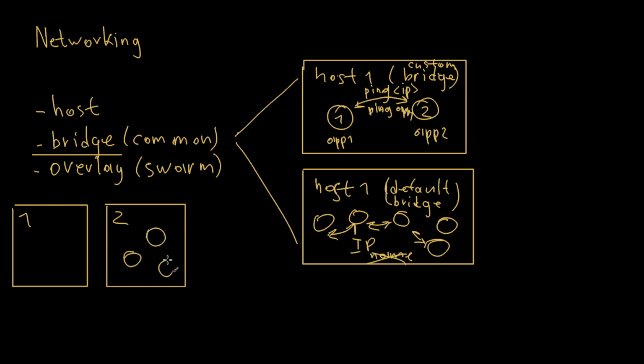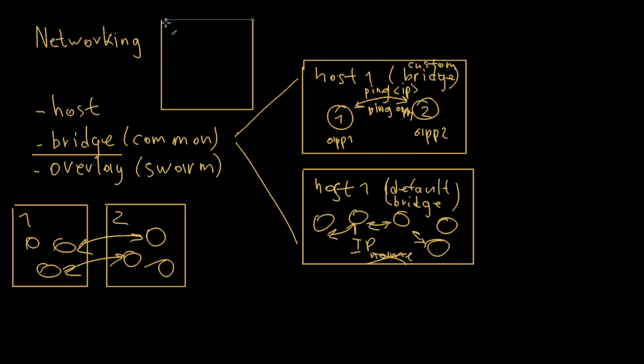You have some containers here, and overlay networks will allow you to communicate between the containers running on different machines, and this is the main goal for overlay networks. And the last option is a host network, and this might also be useful.